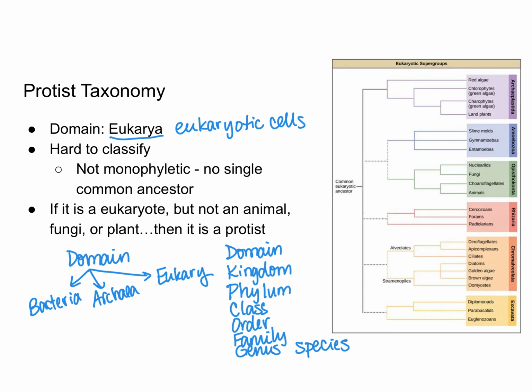Once again, the domain is the broadest classification, and then as we move down these different levels, we become more and more specific until we get to the species level.